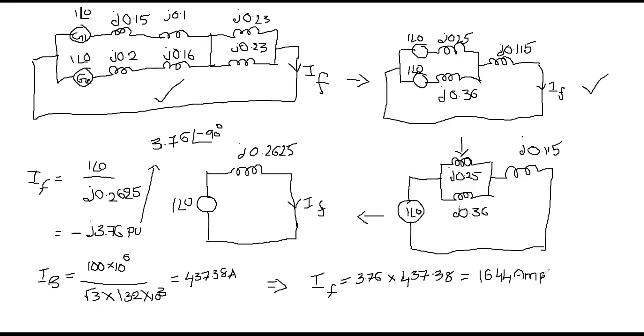Now what is the fault current shared by the two generators, generator 1 and generator 2? This is the total fault current, and the fault currents supplied by the two generators are different. Now we shall see how those are different.